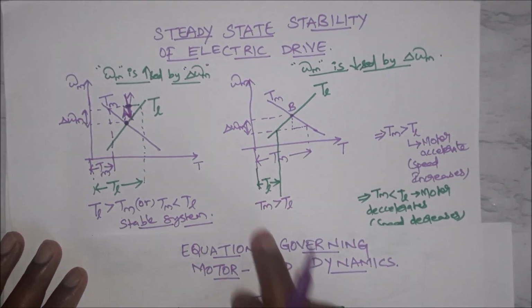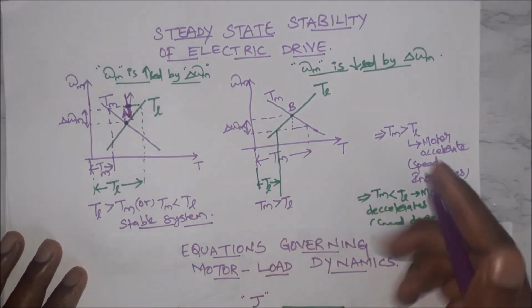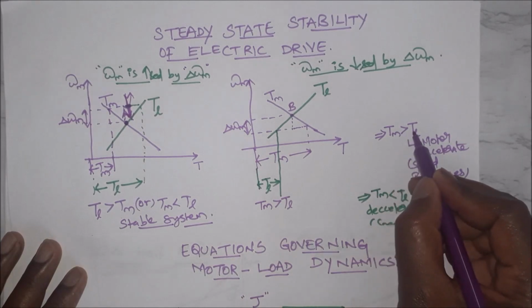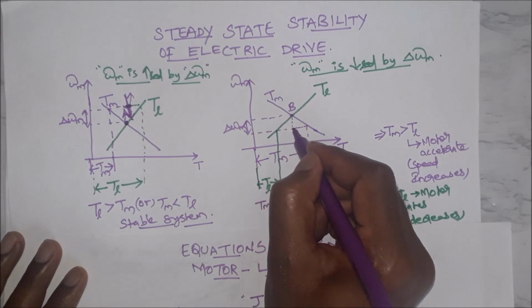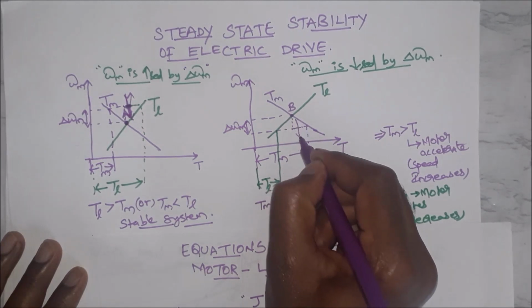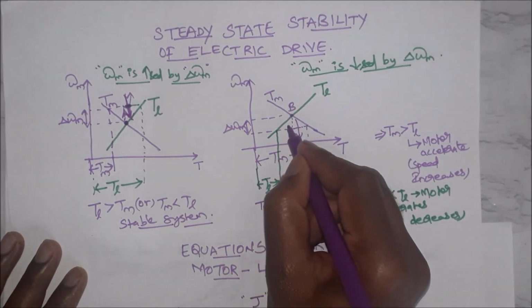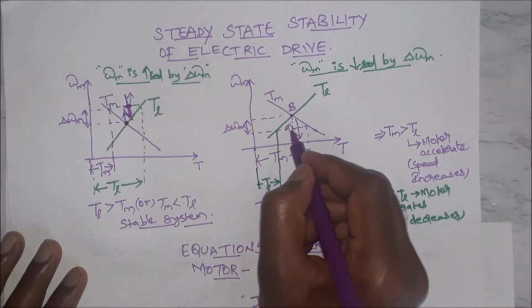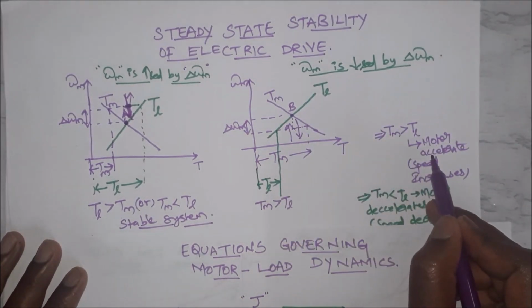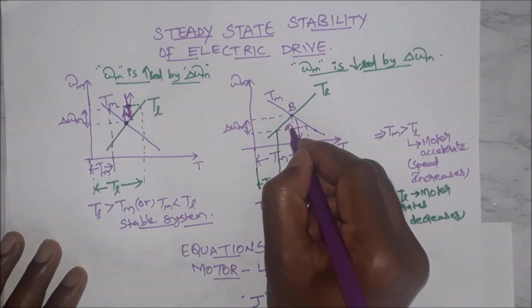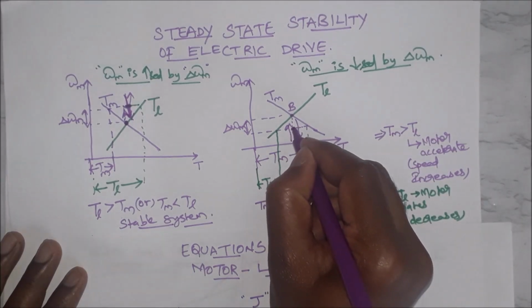So what happens if the motor torque becomes greater than the load torque? If the motor torque is greater than the load torque, your motor accelerates. That means speed increases. So this is decreasing speed, this is increasing speed. According to this condition, now your motor tends to accelerate. That means your speed increases. So from this point your speed increases.